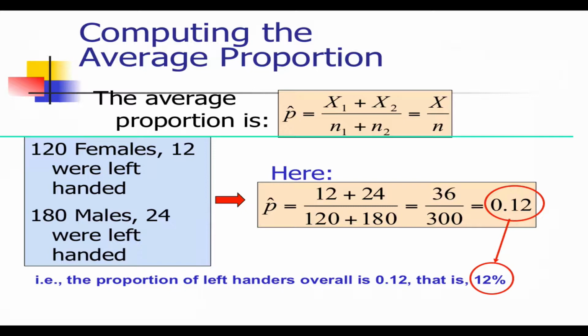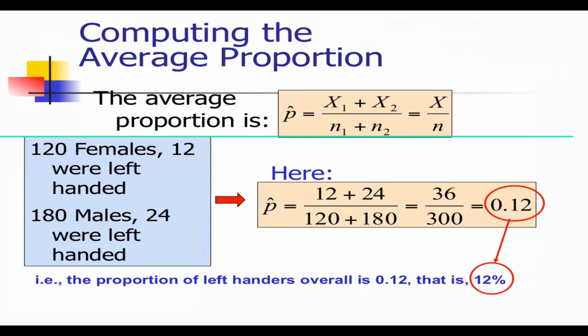Under the null, hand preference and gender are totally independent. So it doesn't matter whether you are female or male. The p hat, which is the proportion of the left-handed, should be the same for female or male.